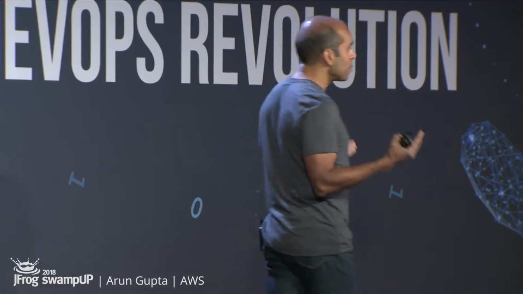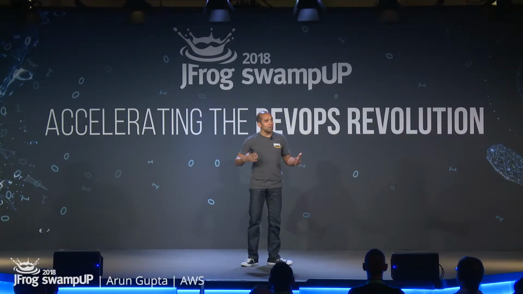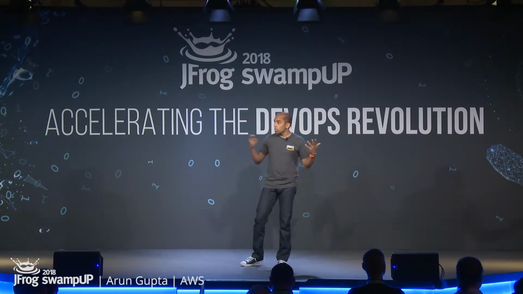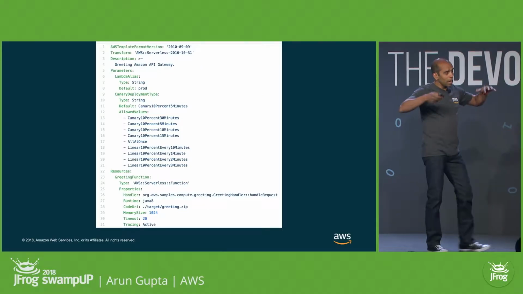So the fact that the SAM translator is open really opens up a lot of possibilities. Now you can start translating into the language of your choice. Let's see what the future brings. Let me show you a simple example of what my SAM template looks like. Now, this is not meant to be readable.